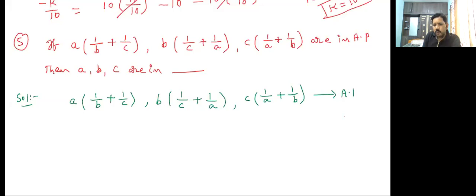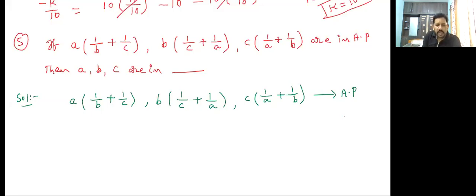In arithmetic progression, we know the property: each and every term, add or subtract or multiply or divide by a non-zero constant, the resulting series is also AP.